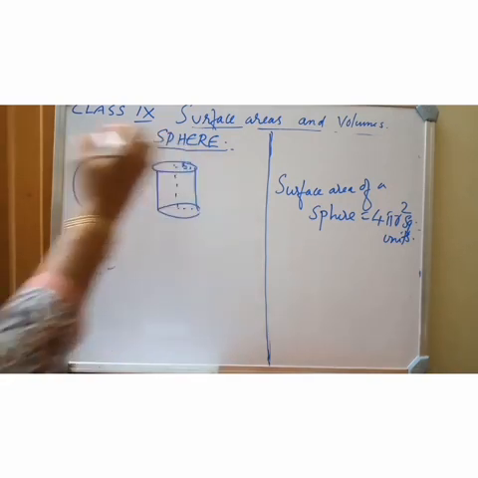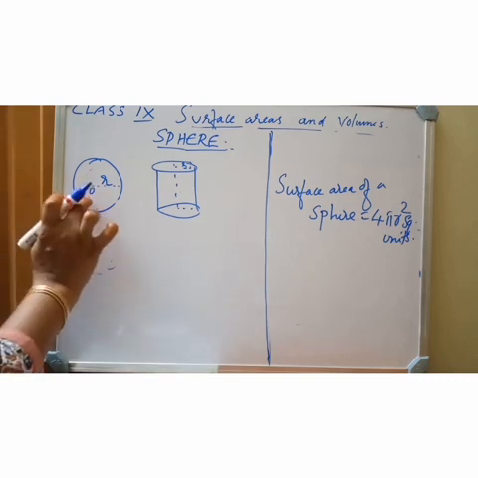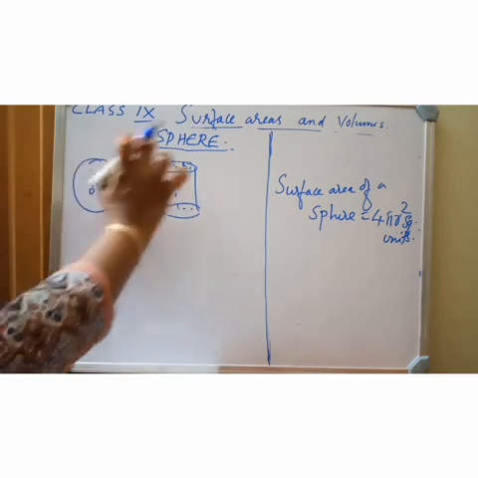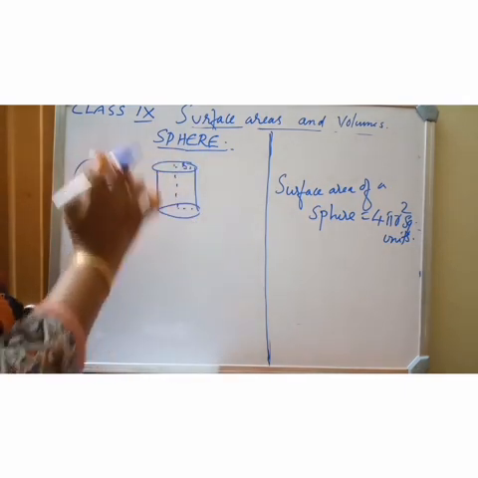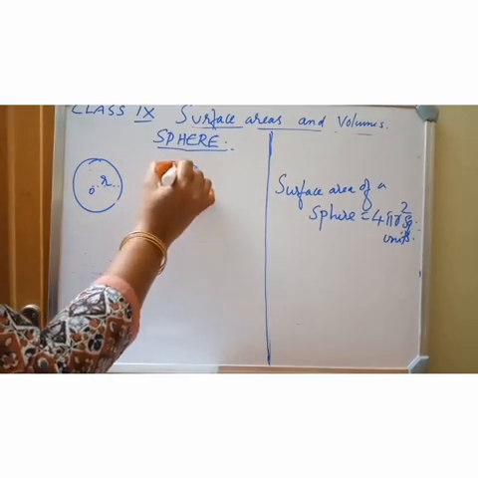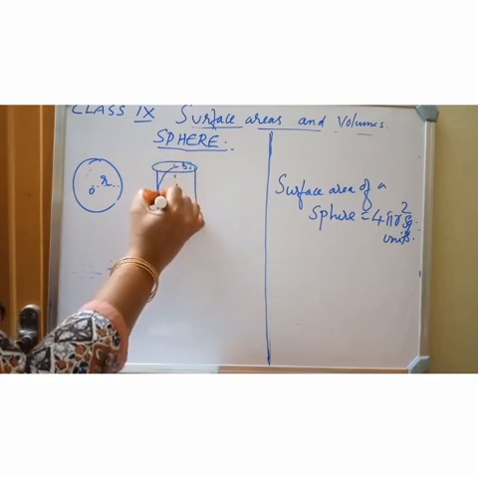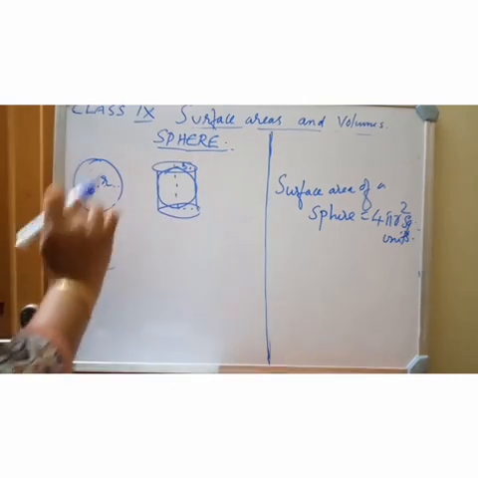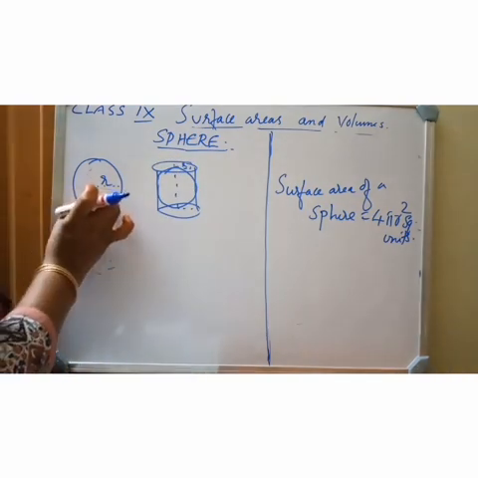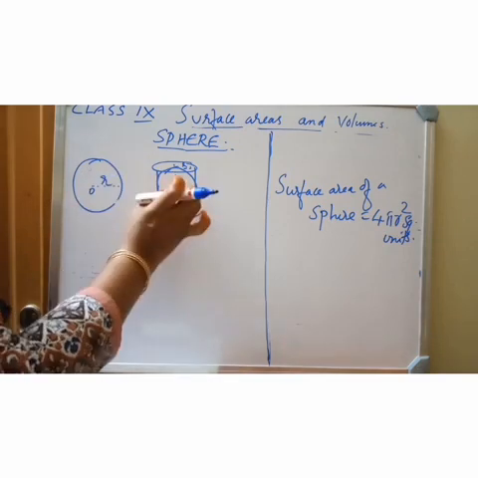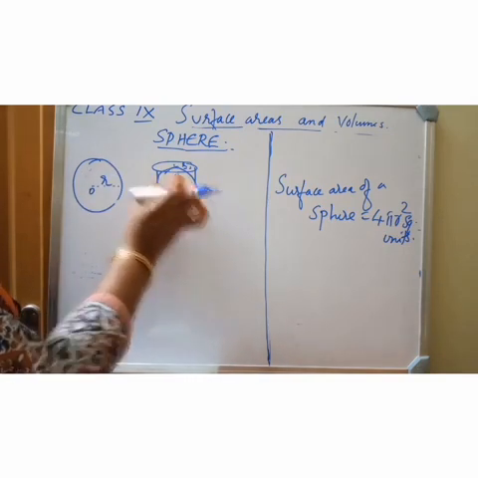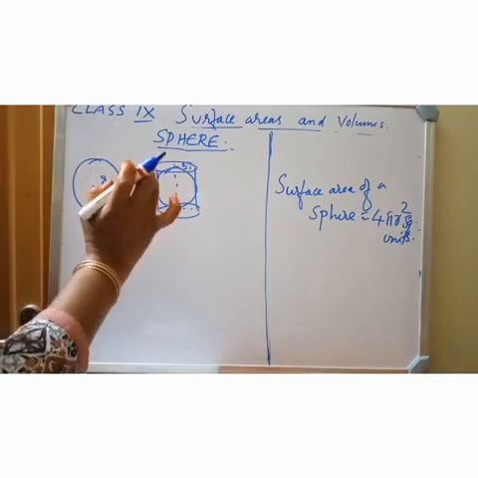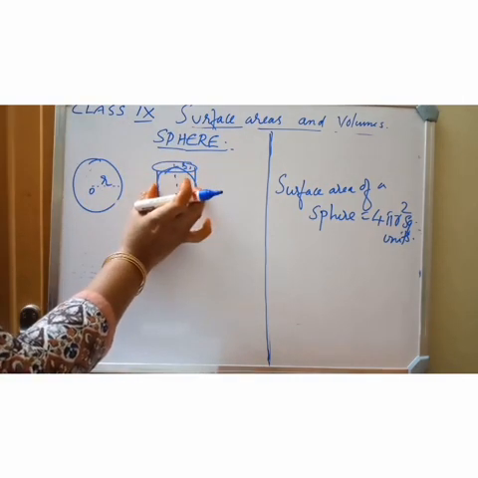Suppose I insert this sphere into the cylinder, it fits fully touching like this. If I insert this ball into the right circular cylinder, it touches the bottom and top boundaries and the sides also.